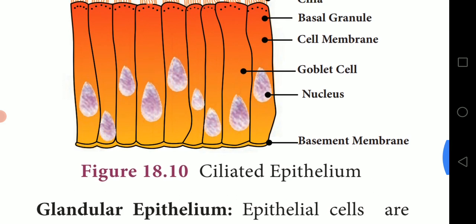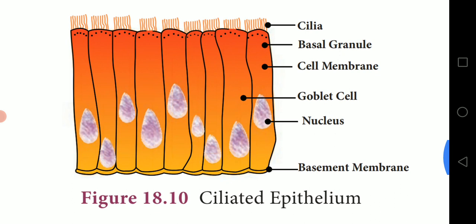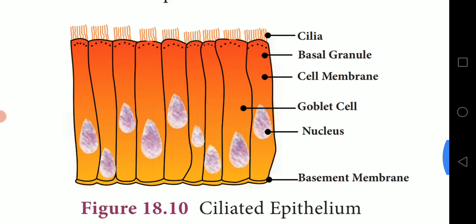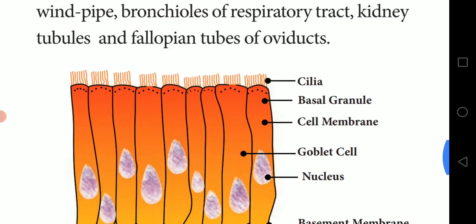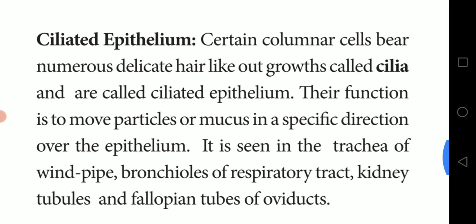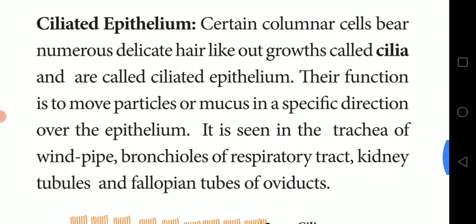It is seen in the trachea or windpipe, bronchioles of the respiratory tract, kidney tubules, and fallopian tubes or oviducts. In these areas the ciliated epithelia are located. So far, this is the information about ciliated epithelium.